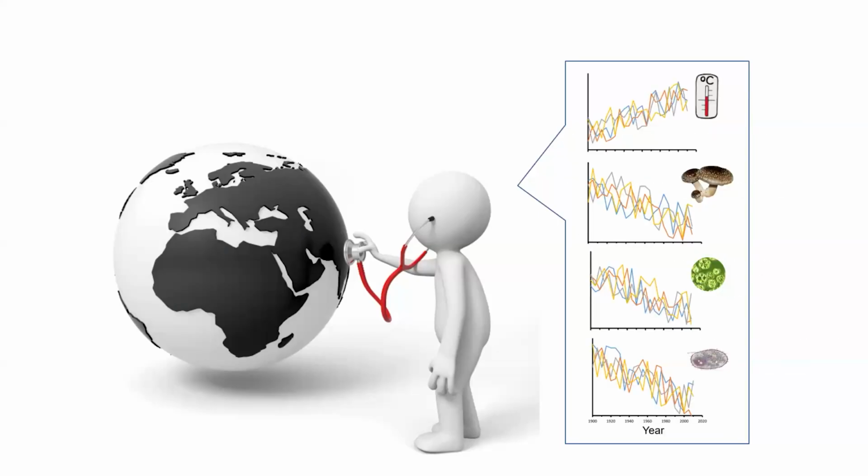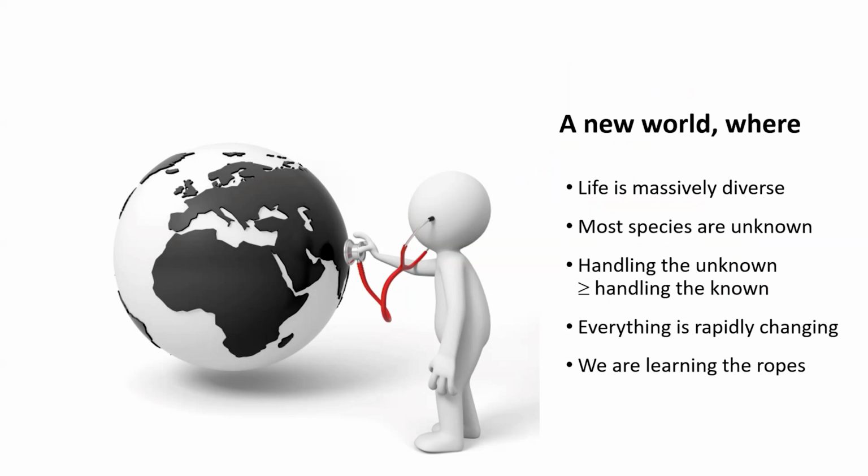So if we started from this view of the objectives of eLTER, it looks like a fairly straightforward task. And what we are finding is that eLTER and the rest of us are actually faced with describing a world which is much more diverse than we thought, where most species are unknown, where handling this unknown part of nature is actually just as important or even more important than handling the known minority.